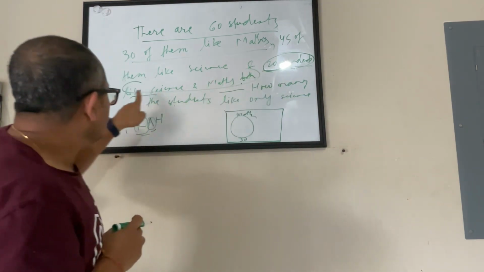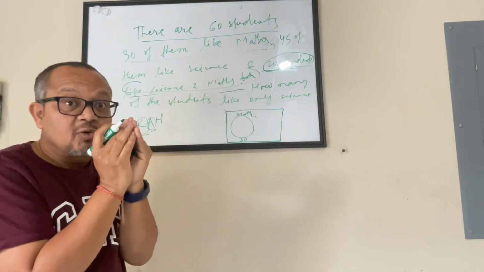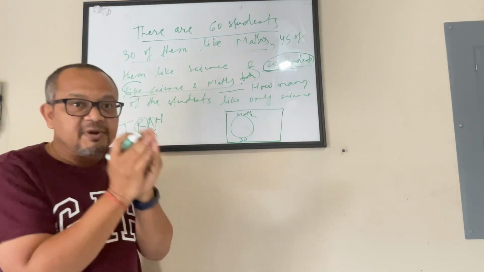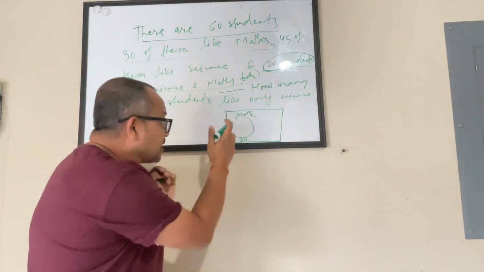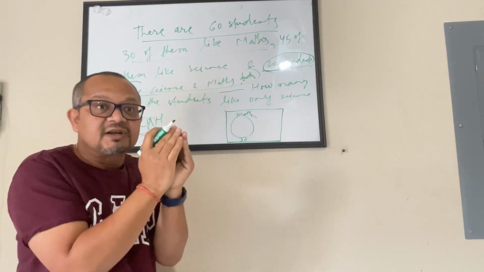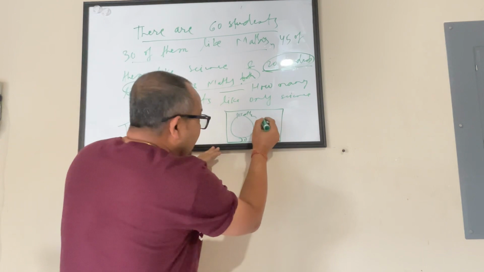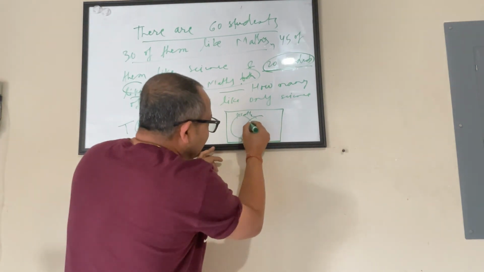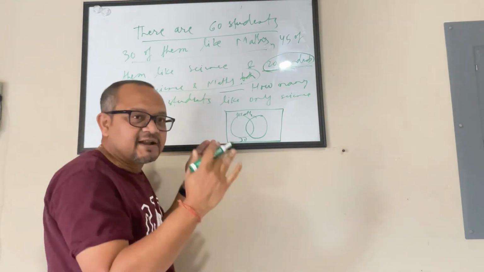20 students like science and math both, meaning there is a group of students who like both the subjects. Meaning if I am drawing a circle here for science, that circle is going to have some overlap with this, because that will depict the group of students who like both subjects. So I have to make a friendly circle, a circle who is this guy's friend and has some overlap.